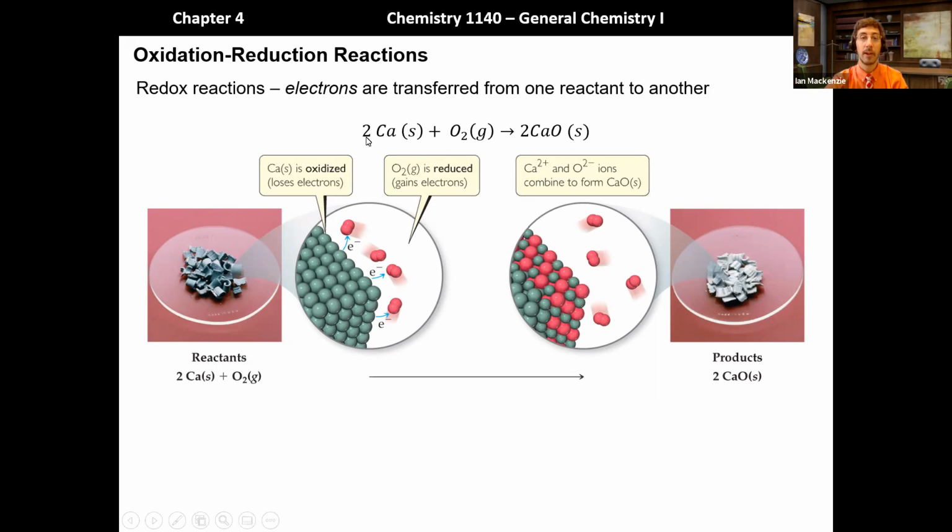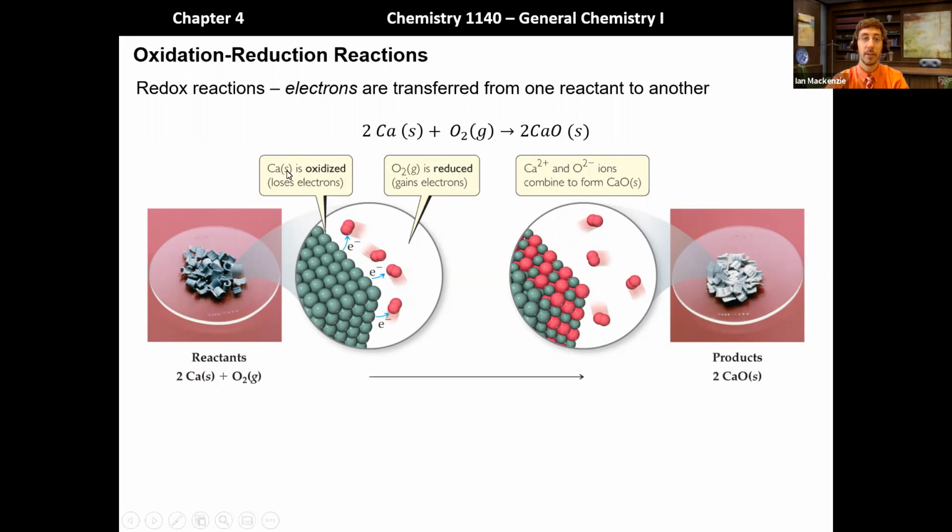So in this reaction, calcium goes from being the neutral metal to now being in an ionic compound. It starts out neutral, but then it becomes the 2+ ion. Oxygen also starts out as elemental oxygen, so it's neutral, and it ends up being the O2- or the oxide anion in an ionic compound.